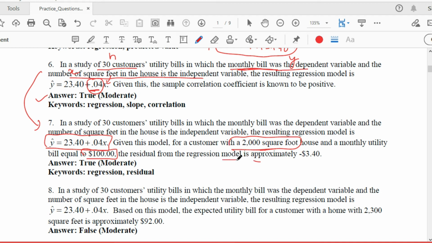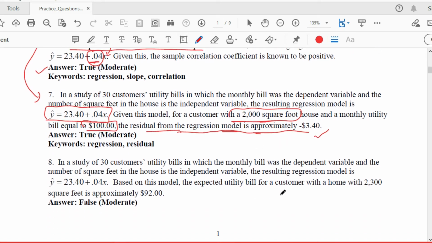This is actually again the formula, residual. So with the help of this residual formula given at the end, we can calculate whether this value is equal to this or not. The average expected bill, same question they are asking, and again the regression is this: the expected bill for a customer with a home of 2003 square feet.